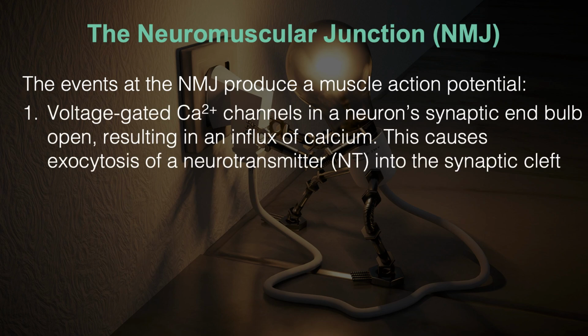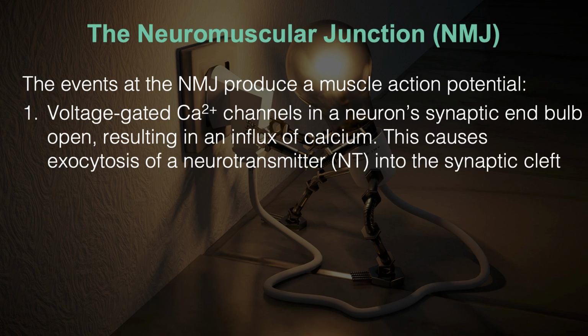This looks familiar. It's a big wall of text, but as you read through it, you see some familiar players. A nerve sends a signal, and at the end of that nerve, at the synaptic end bulb, voltage-gated calcium channels open. We reviewed this last week quickly when we talked about the common mistakes on midterm 2.